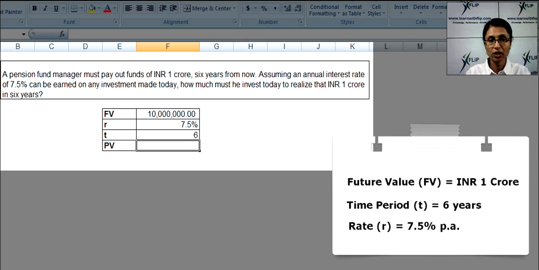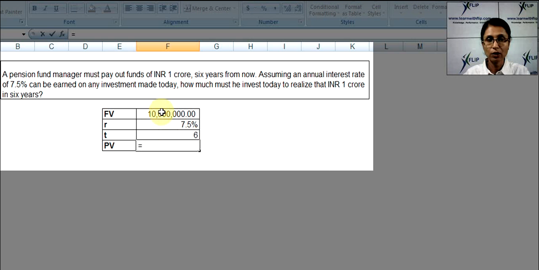So therefore, what's the present value? It is the future value divided by 1 plus R, which we will now raise to the time period T. And tell me, do you think it will be less or more than the future value? Remember, we're discounting it, so it will be less. And there you go.